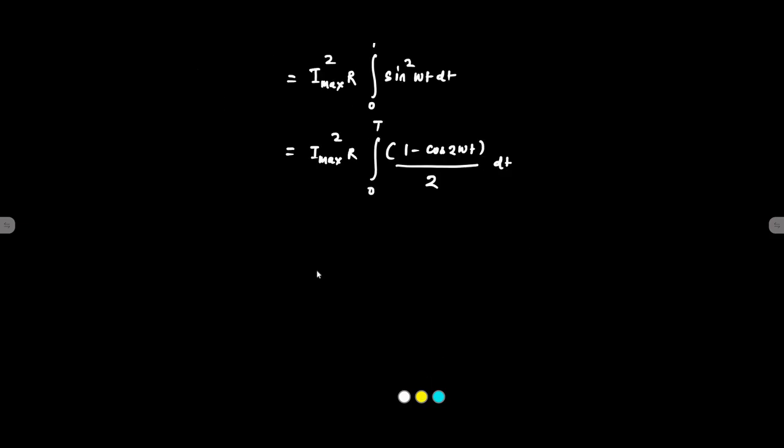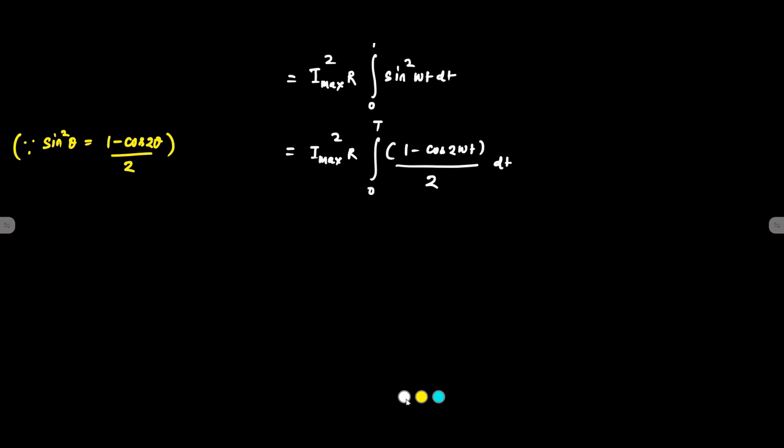Here we know that sine square theta is equal to 1 minus cos 2 theta by 2. Using this we have substituted sine square omega t as 1 minus cos 2 omega t by 2.